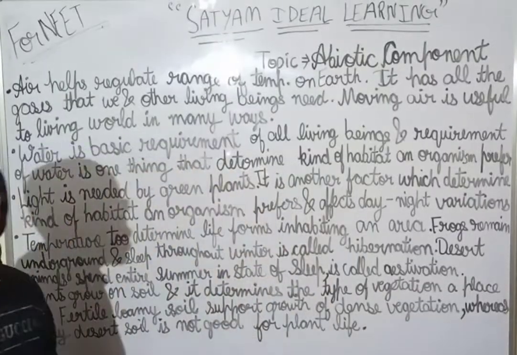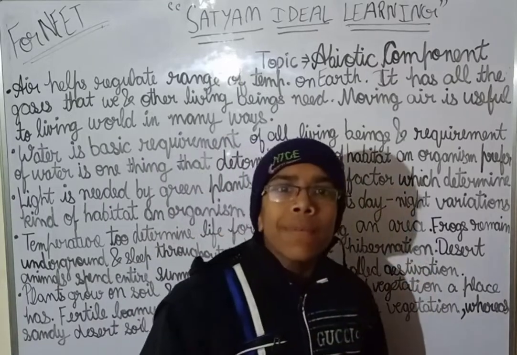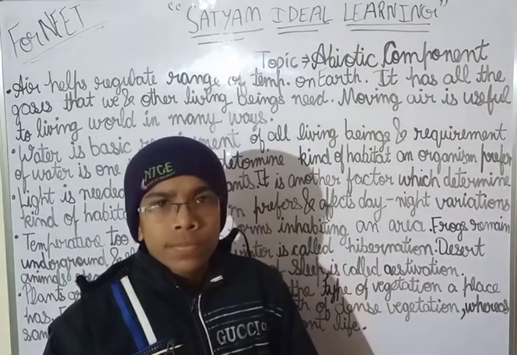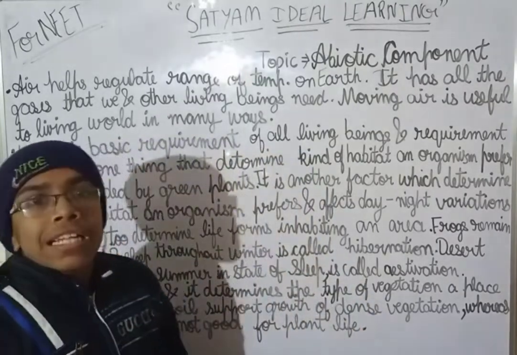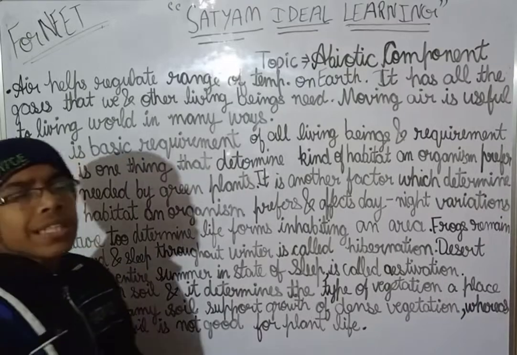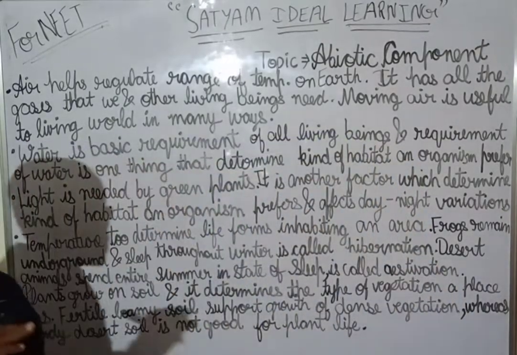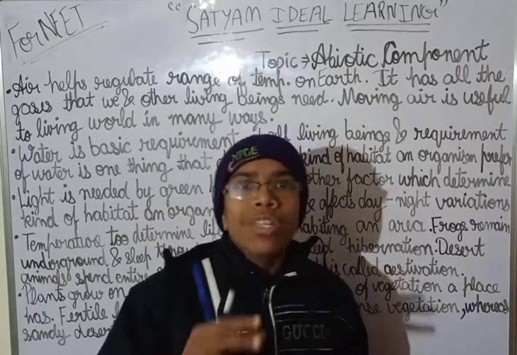Now, on the land also there are variations. On the land there are some animals that can survive on very little water, so they live in desert areas. And on the land there are some animals which need water in a high quantity, those who are surviving on the land.